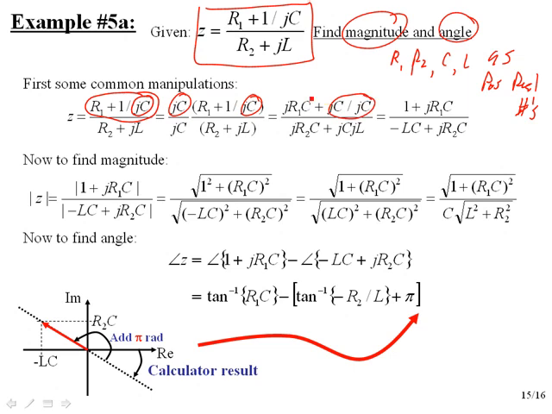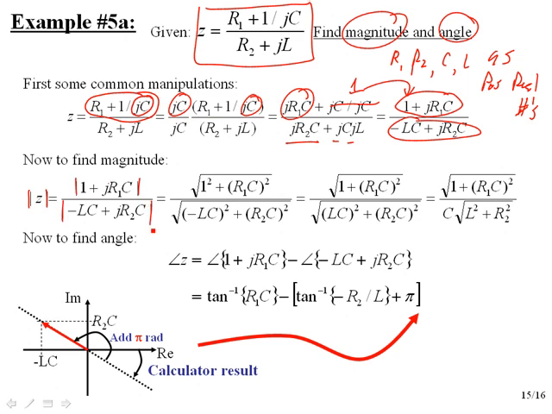So we pass the jC through and we get all of these terms. Then we see that this actually gives us 1, so we'll write that first. That's a real part. And j R1 C comes over here. And here we see a j times a j. That gives us a minus 1, so we'll pull that out front. That's the real part. Plus a j R2 C. So now what do we have? Look, we have something that is rectangular form on the top, rectangular form on the bottom. We're all set.